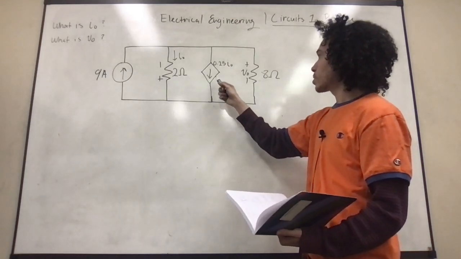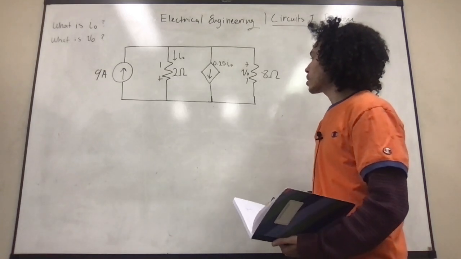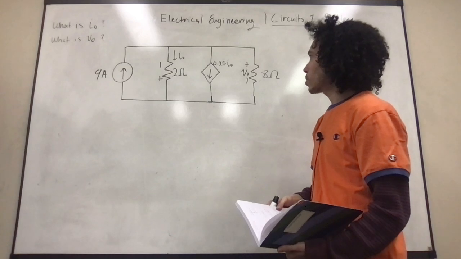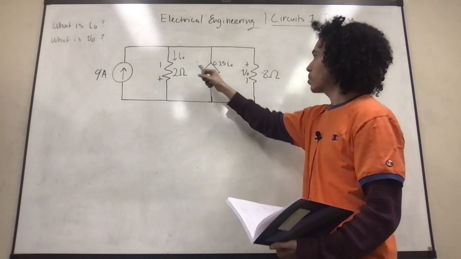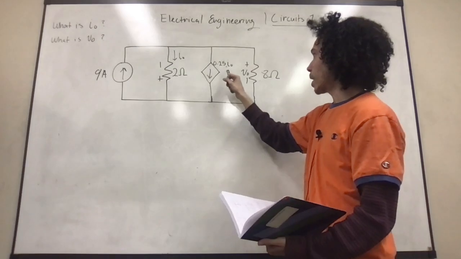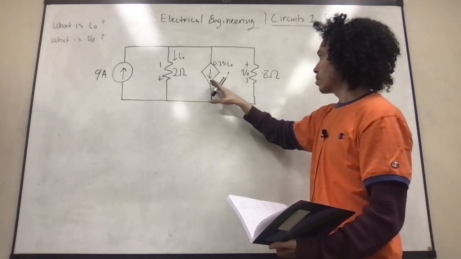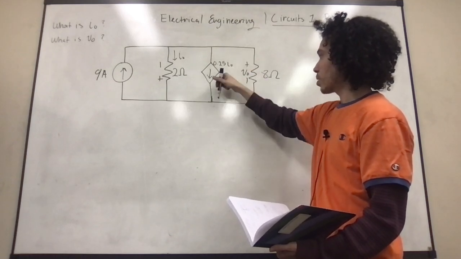We have a voltage controlled current source, and it's telling us that it will reduce the current. Whatever this current is, it's going to reduce it down to 25% of it once it comes out, and it's going to be pointing in this direction.